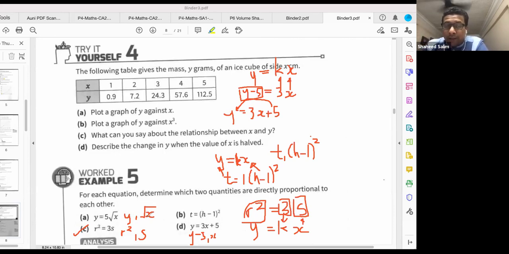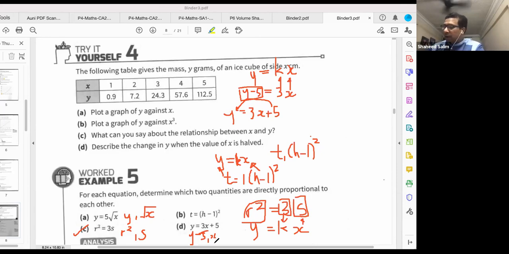I repeat, you cannot say that y is directly proportional to x. y is directly proportional to the square root of x. You cannot say that r is directly proportional to s. No, the square of r is directly proportional to s. We've got to be very precise. Down here, we cannot say y is proportional to x. It's y minus 5 is directly proportional to x. So you've got to look carefully at the questions given.